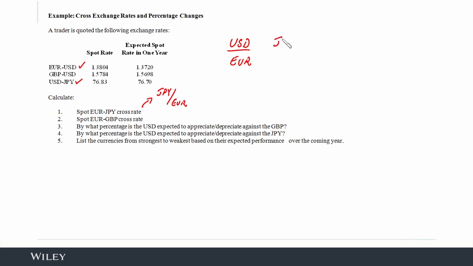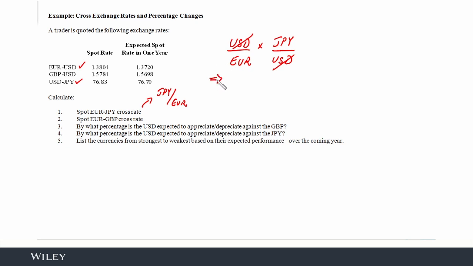So you have JPY divided by USD. Note that the way these two currency quotes are presented, it means that you can just insert the multiplication sign in the middle, multiply these two exchange rate quotes, and you would be left with JPY per Euro, which is exactly the cross rate that you need.